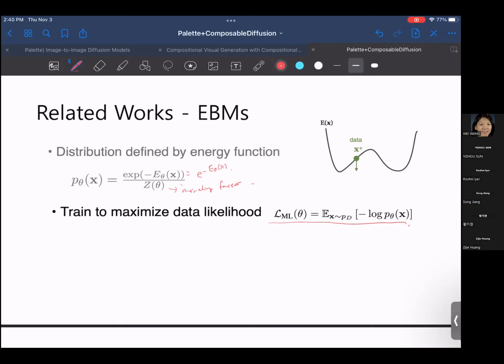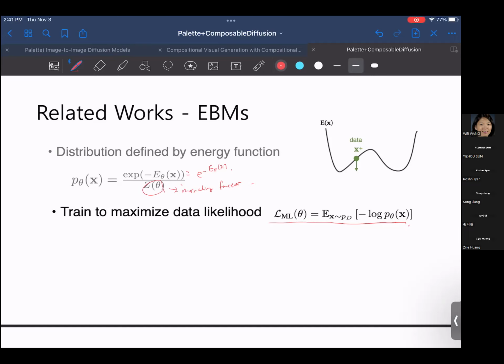However, training based on this energy-based distribution is a very hard task because the normalizing factor Z is intractable for the model to train.